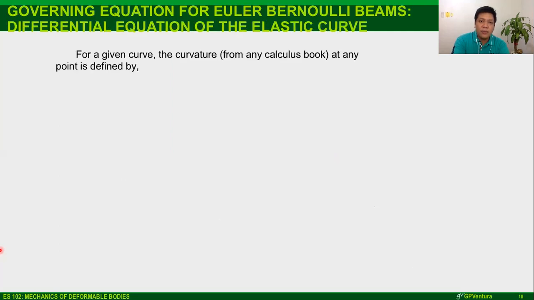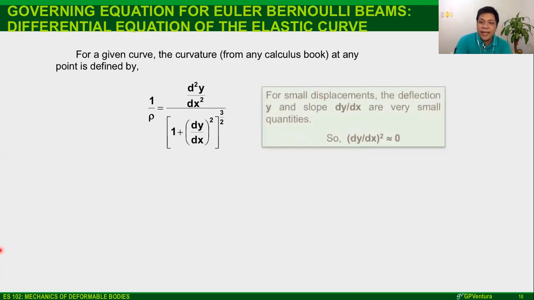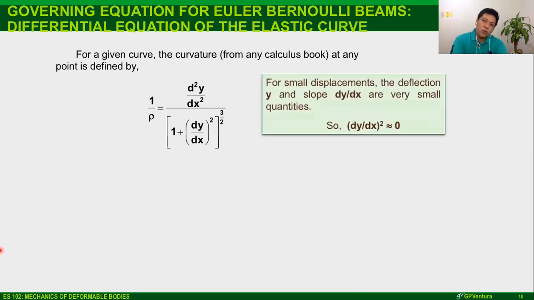Okay? Now, we won't derive it anymore, but kailangan yung manalig sa akin that for a given curve, the curvature, if you look at your Leithold or any calculus book, okay, 1 over rho is given by this equation. But then again, in ES 102, we are only dealing with very small displacements.